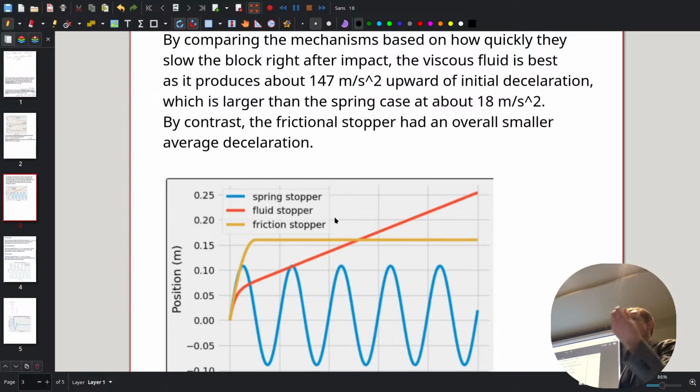You say we're looking for biggest acceleration, and there we got it. 147, tough to beat. 18 is much smaller, 10 times smaller, therefore 10 times worse. It's a pretty compelling story. So you make the case that we care about acceleration, you present acceleration, and therefore it speaks for itself, right? This is kind of the engineer's straw man argument.